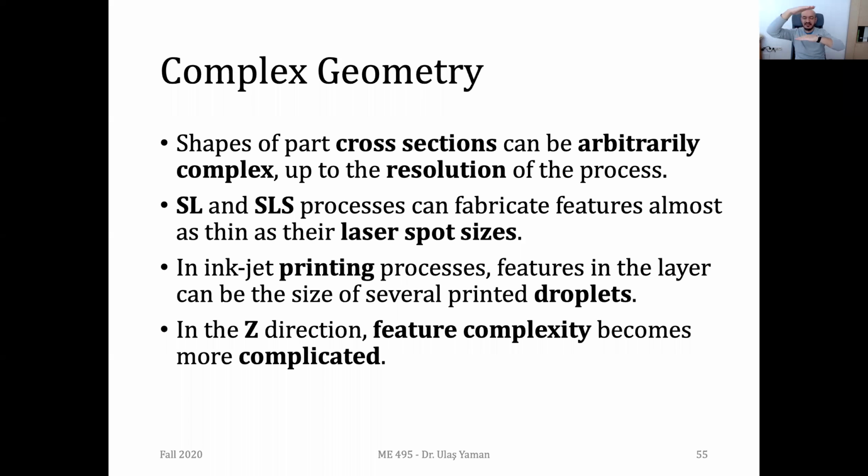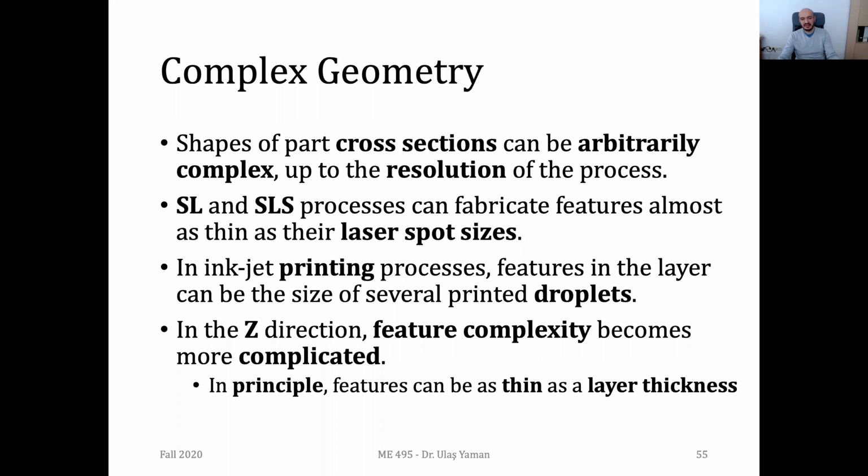And another thing about complexity: complexity in the Z direction is quite challenging. You cannot have highly complicated things in Z, since we have the layer thickness, as you know, and we have bonding between the layers, and this limits the feature complexity in the Z direction.